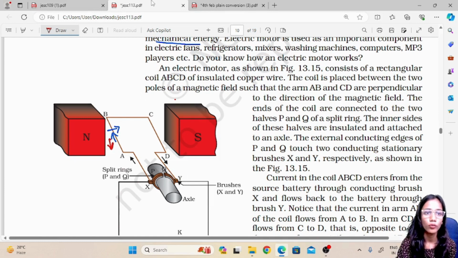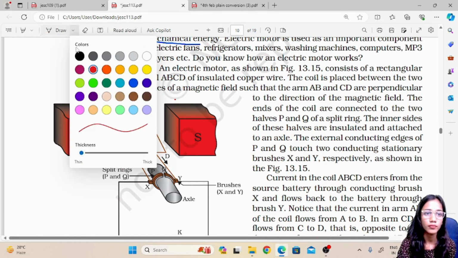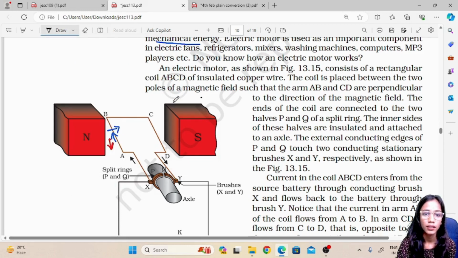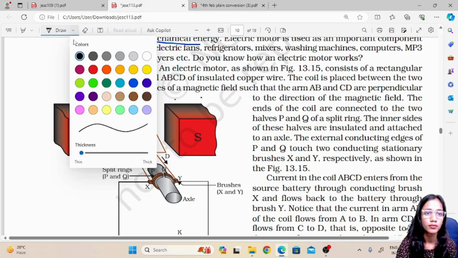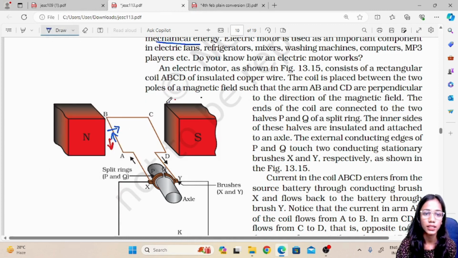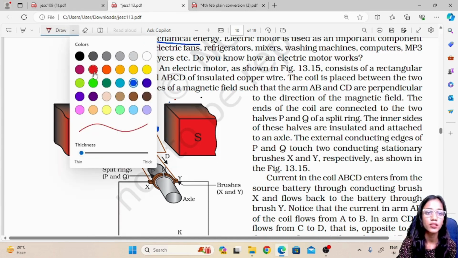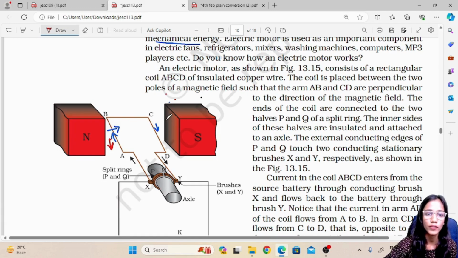Now over here in the other case, the current is downwards. When the current is downwards, the motion will be opposite. The motion of CD will be upwards.